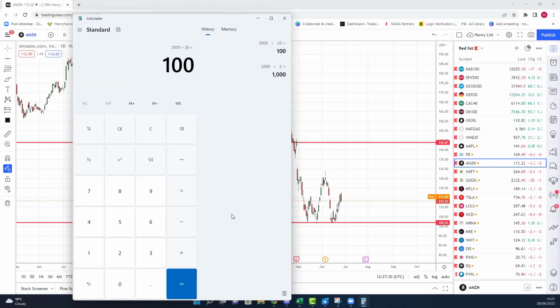Okay, so a lot of us trade with eToro. Now, one of the beauties of eToro is that you have fractional shares, which means you can go in with, I think it was 50 quid. I think you can now buy as little as 10 quid on eToro, but I'm not 100% sure. But you used to be able to buy a stock for as little as 50 quid.